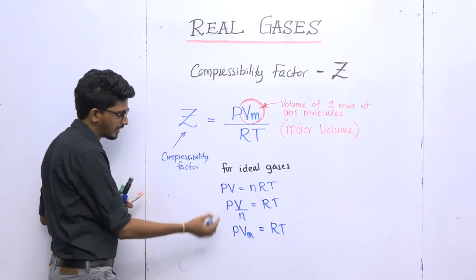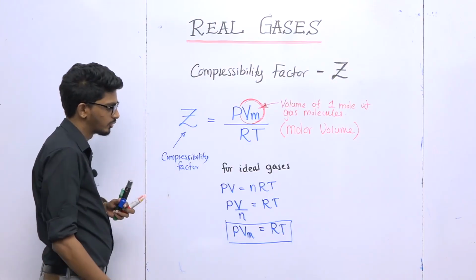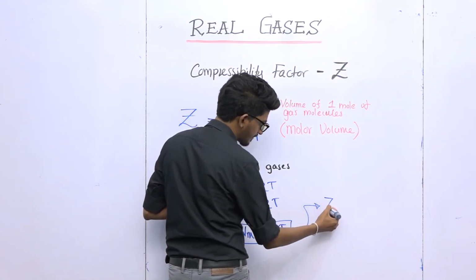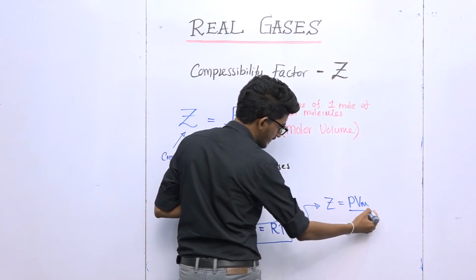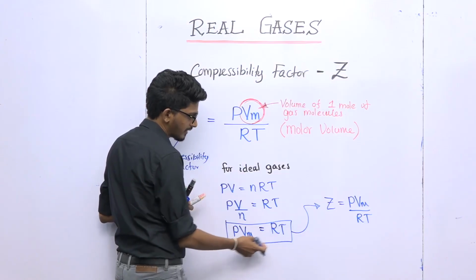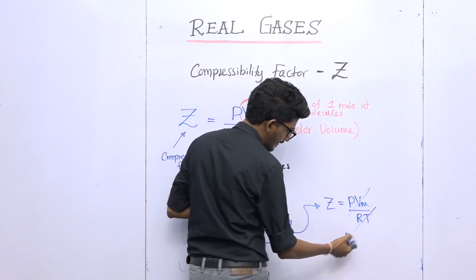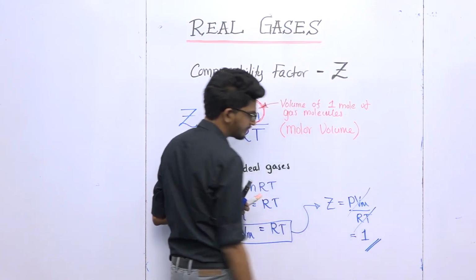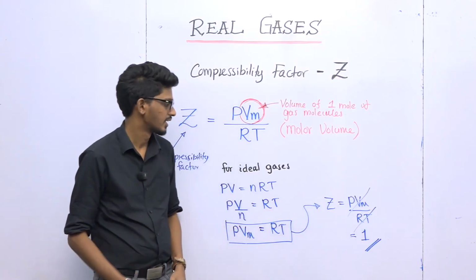See, for ideal gases, PVm is equal to RT. So if you consider the compressibility factor Z, as we know, Z is equal to PVm over RT. As PVm is equal to RT, those can be cancelled, right?